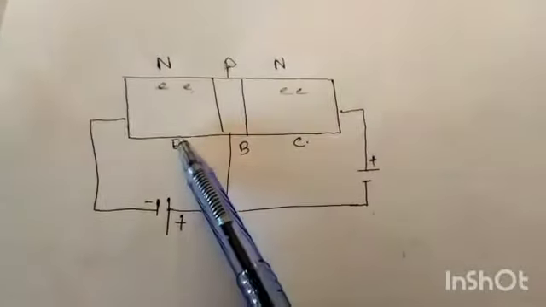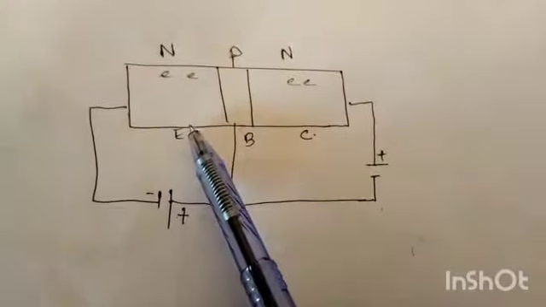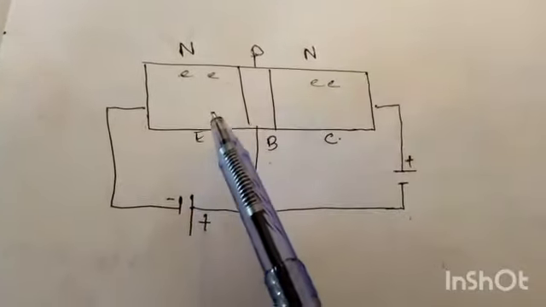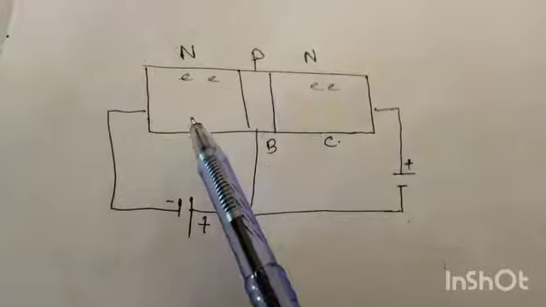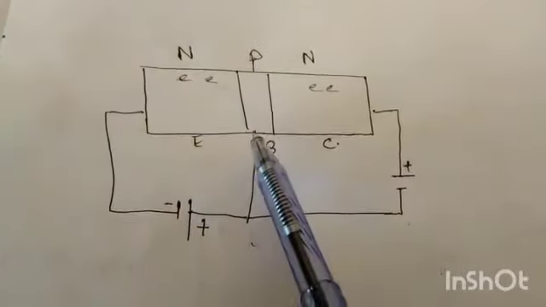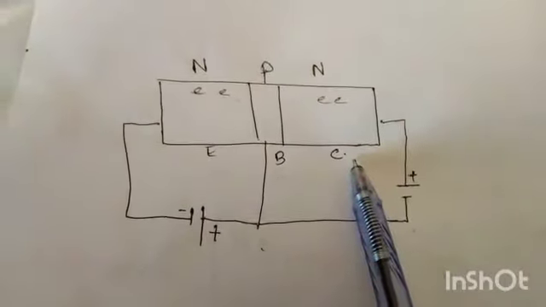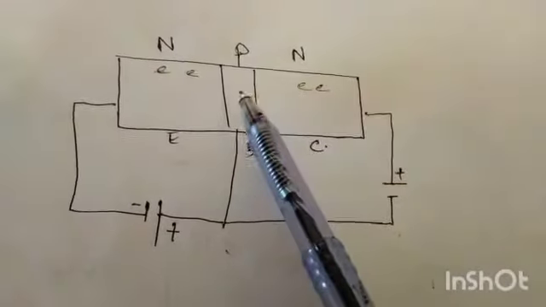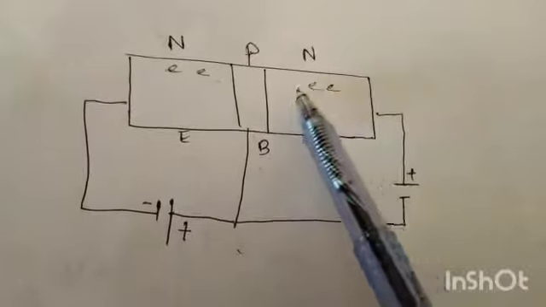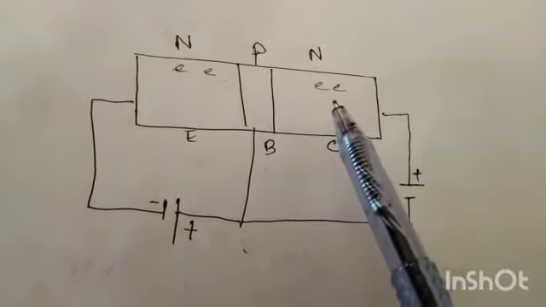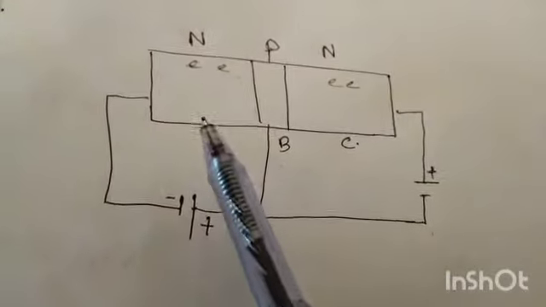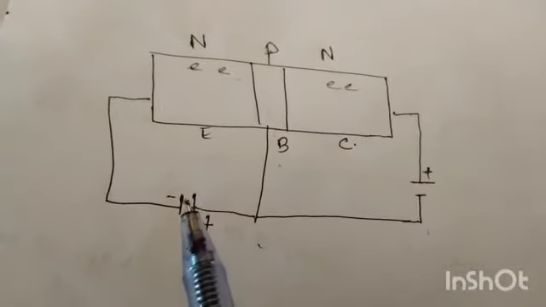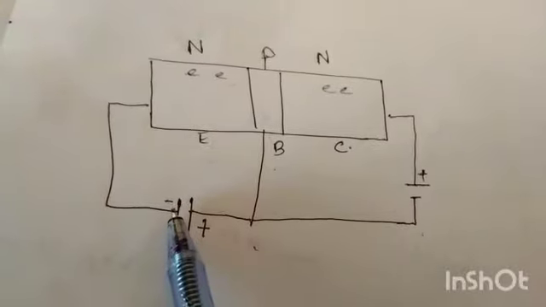As we discussed, the emitter is the heavily doped region of the transistor, meaning the doping or impurity concentration in the N side, or emitter side, is much higher compared to base as well as collector. The base is a less doped region and the collector is larger in size but its doping concentration is less compared to the emitter. Now when the emitter is connected to the negative terminal of the voltage source, negative means there is an excess of electrons.